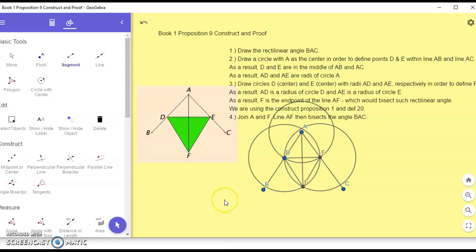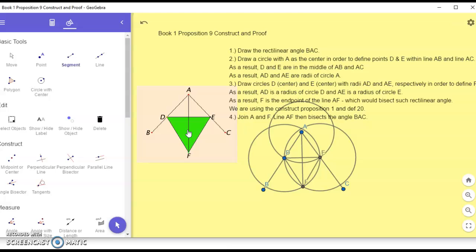If we look closely at the figure, we can say that we have triangle DAF and triangle FAE, right? And it's kind of obvious that those two triangles are equal. This gives us a hint that we are going to use the parameters of congruent triangles.